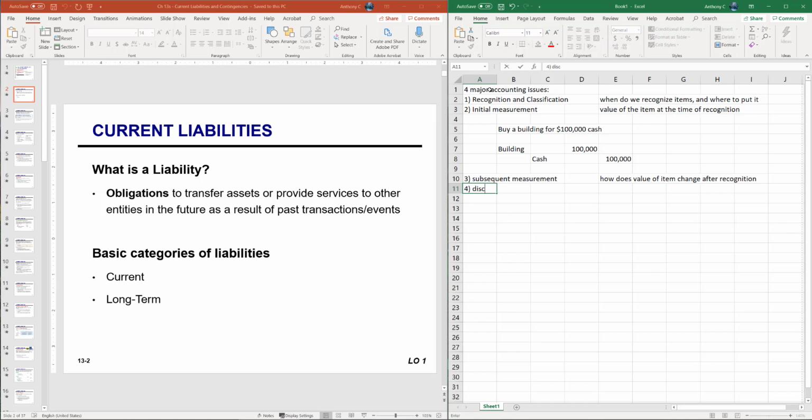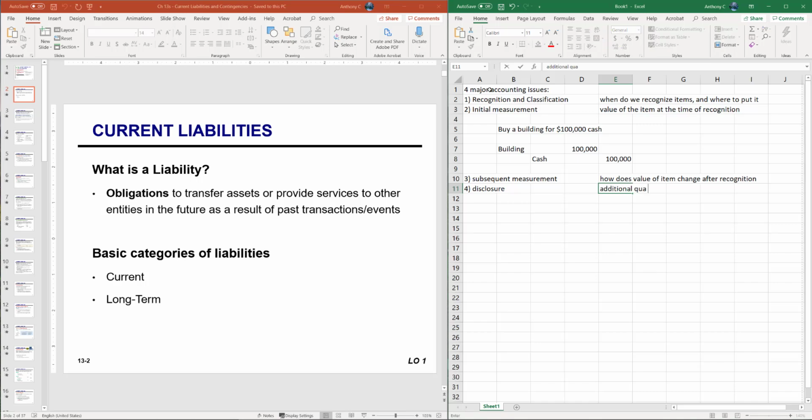Right, and then the very last thing is just disclosure, which just means we can't capture all information in terms of numbers. So for example, for a building, we disclose the additional information, such as what depreciation method are we using, and so on.